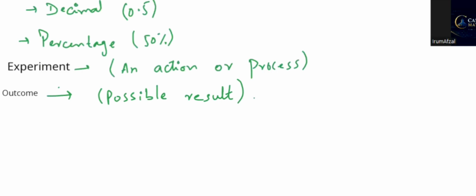Okay. So this is a very simple example of probability. If we take one more example, let's take tossing a coin. If we toss a coin, we have two possible outcomes: one is head and the other is tail.